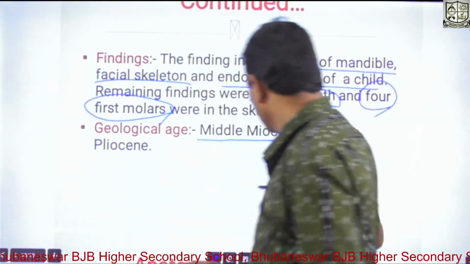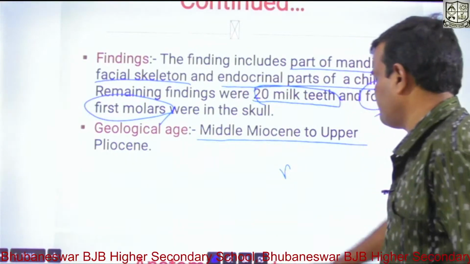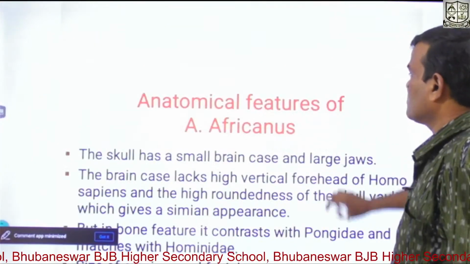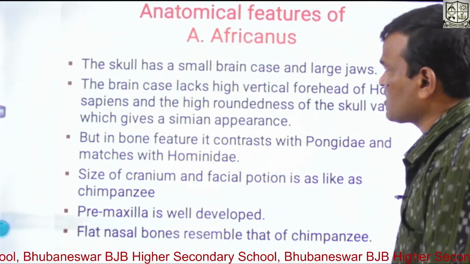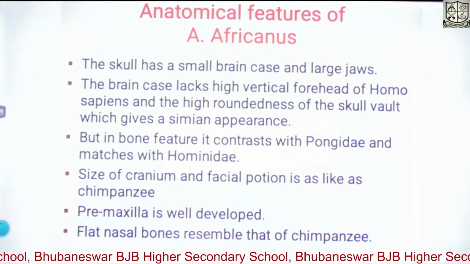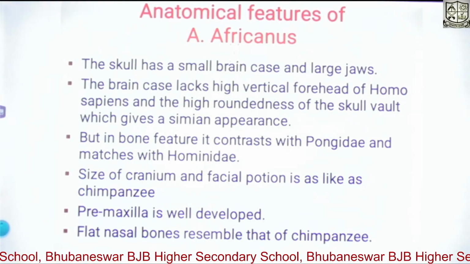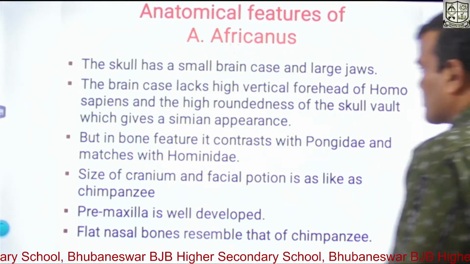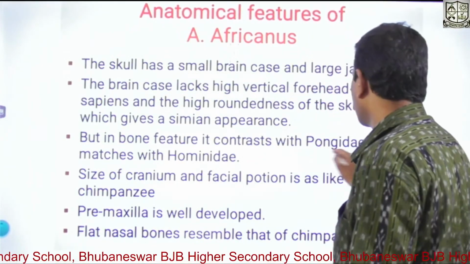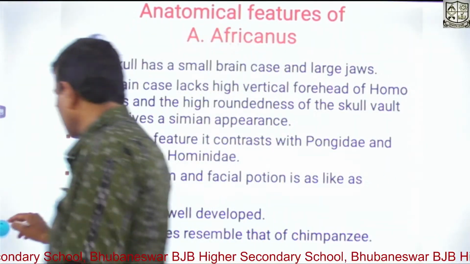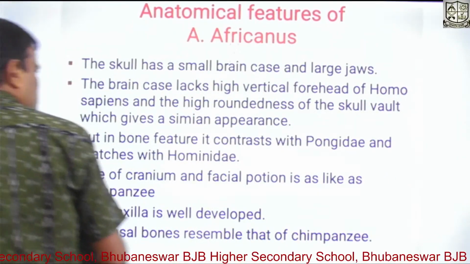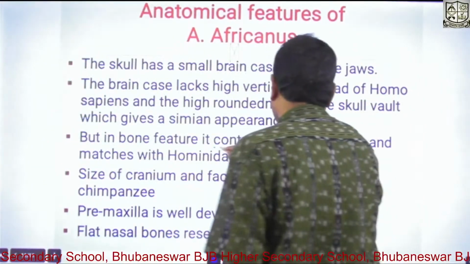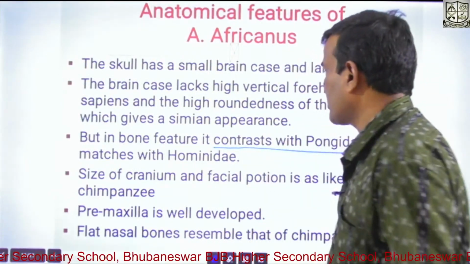The anatomical characteristics of Australopithecus africanus: the skull has a small brain case and lacks a high vertical forehead, but in its bone features it contrasts with the apes and matches the hominids.